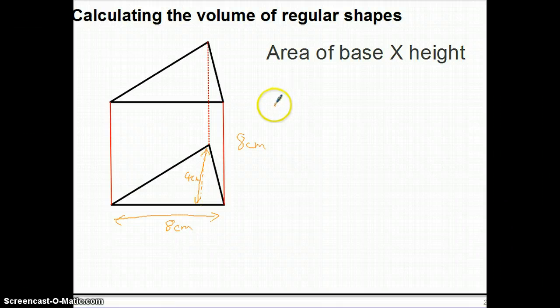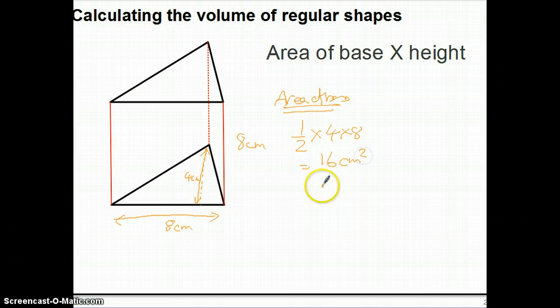Okay, so hopefully for the area of the base, you got that it is half of 4 times 8, which gives us 4 times 8 would be 32, and then half that would be 16 centimeters squared. And then we multiply by the height, as you can see here.